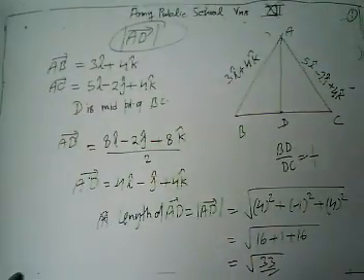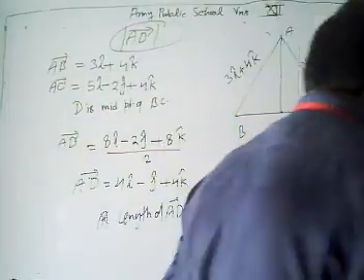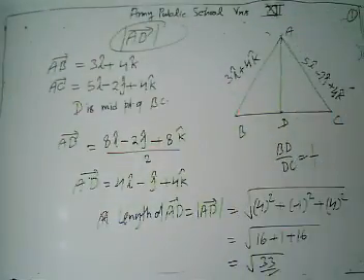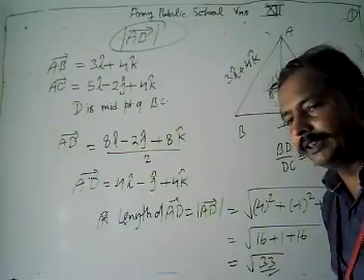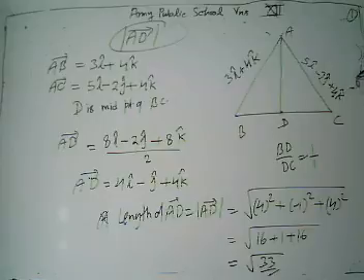Then again I am going to revise it. There is a triangle ABC in which the sides AB and AC are given. We have to find the length of the median through A, which means the length AD, from the information in the given figure.